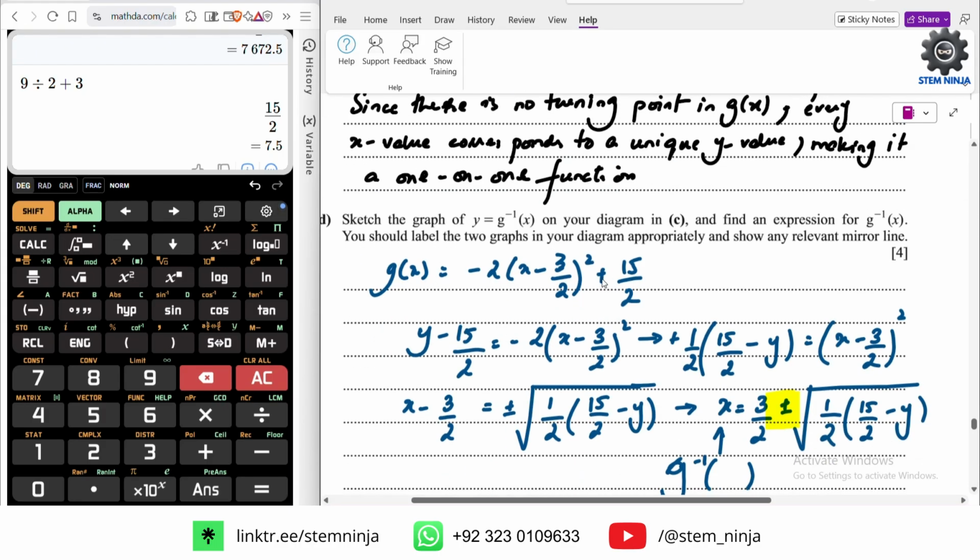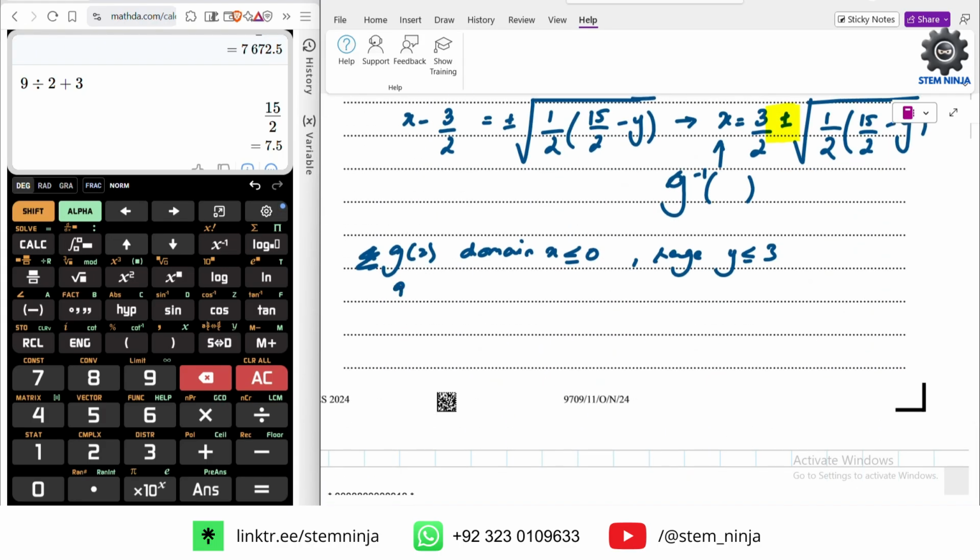So basically what you will have for g inverse of x, the domain will be x less than or equal to 3. The range would be less than or equal to 0. So basically g inverse has to be less than or equal to 0.